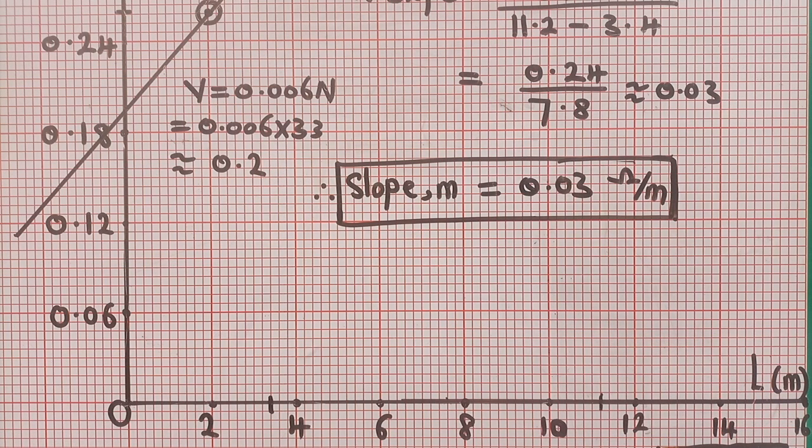So far, so good. We have known the slope as 0.03 ohm per meter, and we have now known the intercept as 0.2. We have now known the two main things we should know to get the equation of this straight line. Let's go back to it and finally give a formula connecting length and resistance.